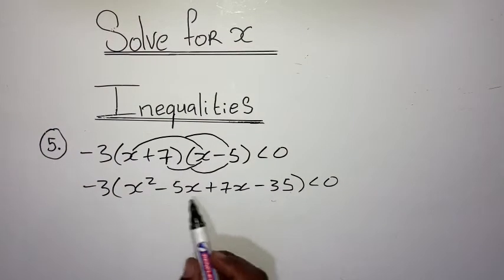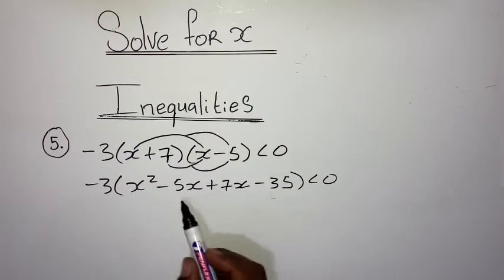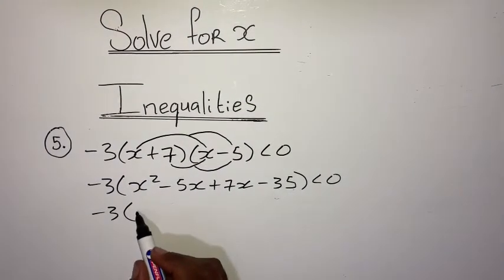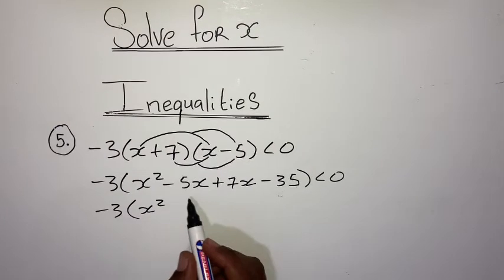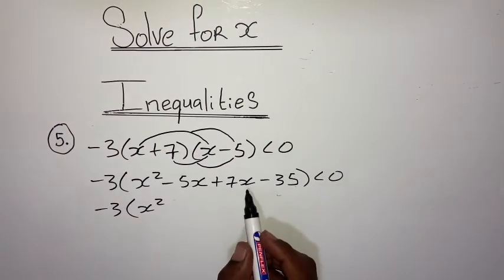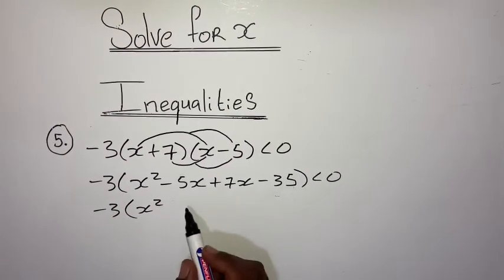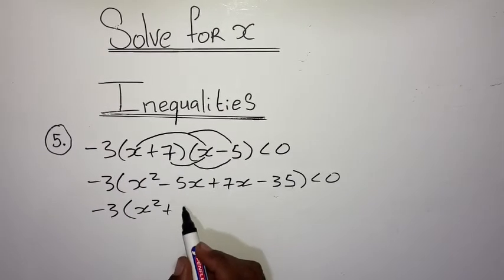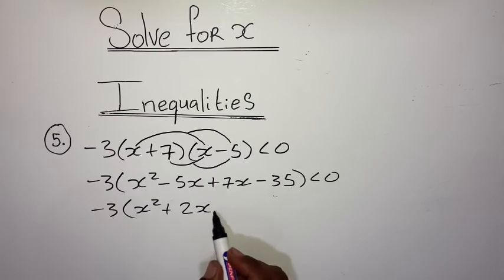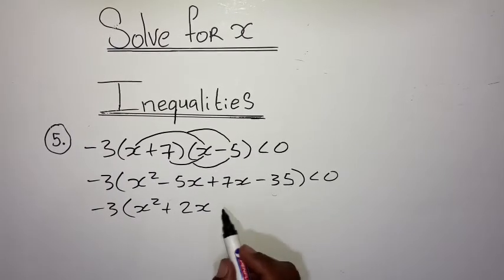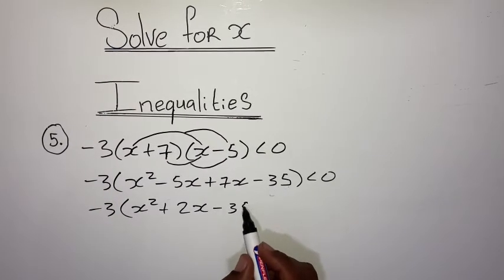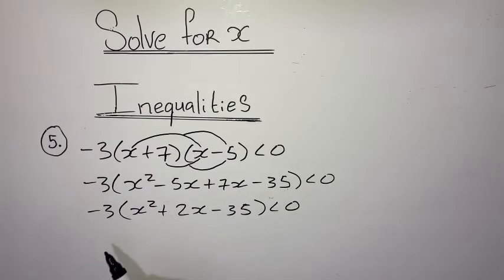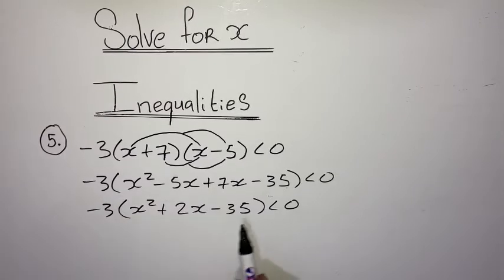From here, you'll have to look into your like terms. So it's your -3 remaining and your x squared. Then a -5x plus a 7x, since they are like terms, will give you a plus 2x. Then with your -35, close your bracket. Then from here you'll have to multiply out with a -3.